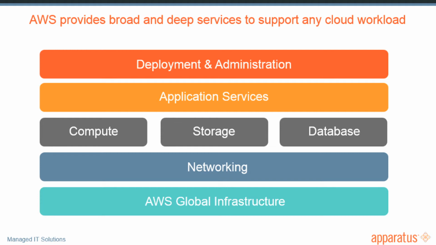AWS provides many options on the configurations of your resources, from really basic cookie cutter, this is how much memory you get, this is how much CPU you get, to pretty customizable things with memory or CPU optimized instances.